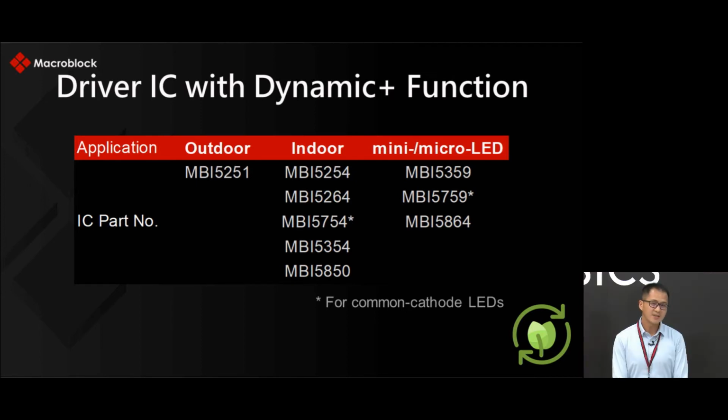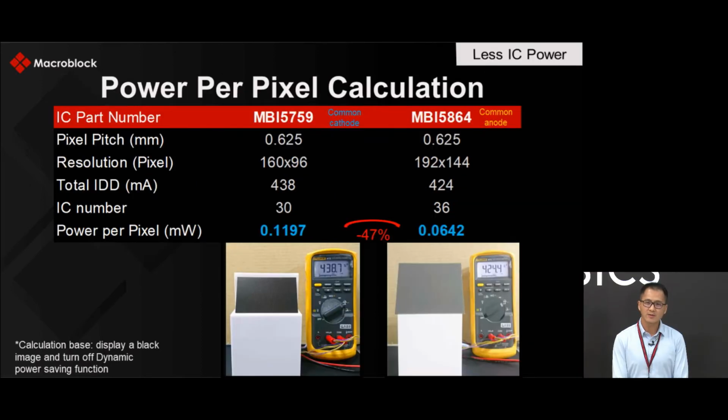Yep. In this slide, there are two panels. The panel on the left-hand side uses MBI 5759, which is a common cathode LED driver, and the panel on the right-hand side uses MBI 5864, which is a common anode LED driver. The two panels have the same pixel pitch, but different pixel resolution and light number.